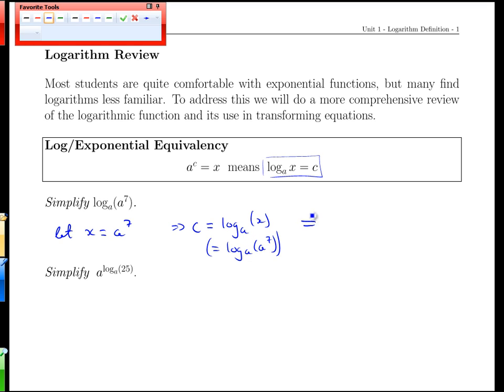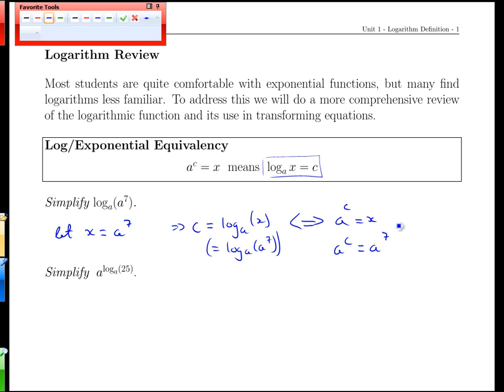How does that help us? Well, that's the same thing as saying a to the c is equal to x itself. So this statement here is the same as this statement here. That's the equivalency, but we already know what x is. x is a to the 7.